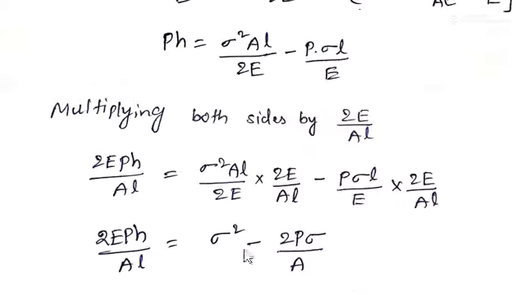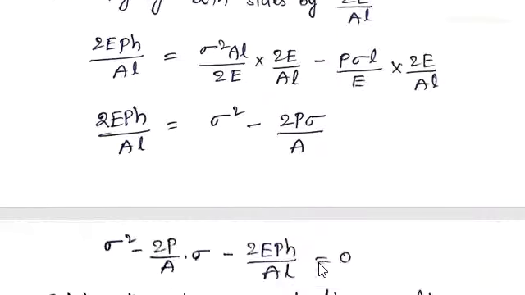When we simplify, 2E Ph by AL equals sigma square minus 2P sigma by A, as E cancels, L cancels. Rearranging once again, we can write sigma square minus 2P by A into sigma minus 2E Ph by AL is equal to 0.